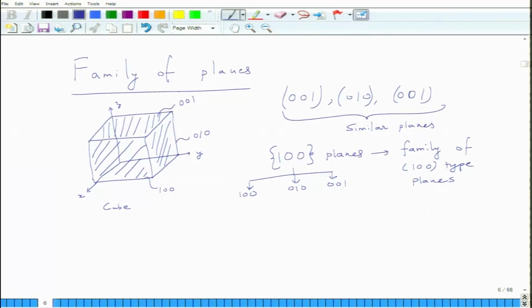Okay. So, you can see that there is a multiplicity, right. In case of a cube, 1 0 0 implies you also have bar 1 0 0, 0 bar 1 0 and 0 0 bar 1.